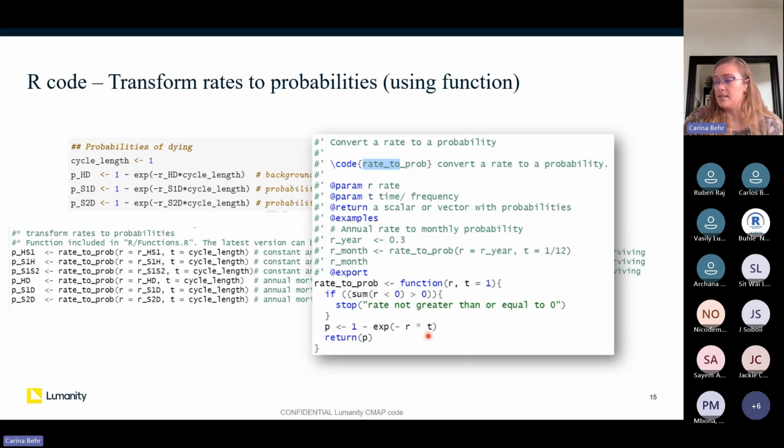And basically the use of this is that this function can be used multiple times, and in this case it's a relatively simple formula, but it is useful because you don't have to remember the formula every time and code it every time. You can just provide your predefined function with a rate and a time, and it will apply the formula and convert the rate into probability.